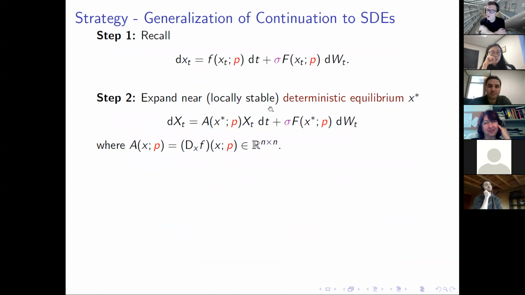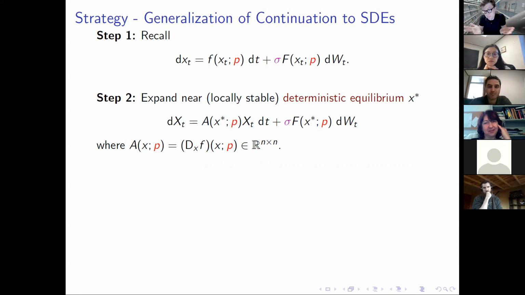Let's suppose we are only interested in the behavior near locally deterministically stable equilibrium points. Suppose we have already computed a curve of equilibrium points, and we are interested in, if I add these fluctuations, how big would they be and in what directions would they act.